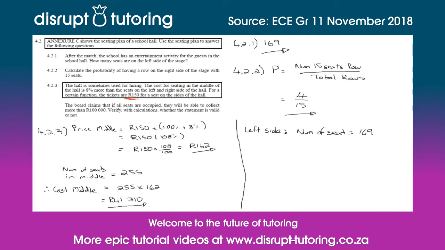They told us that seats on the side is 150 Rand. So then our left cost is going to equal the 169 seats available times the 150 Rand. And put that into your calculator, and we get that the left hand side equals 25,350 Rand.